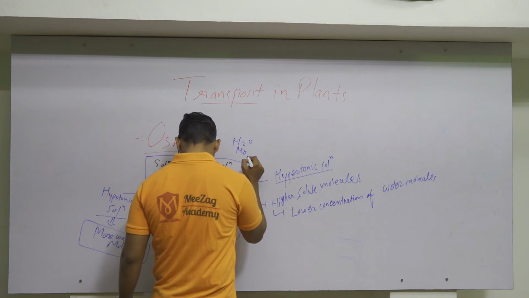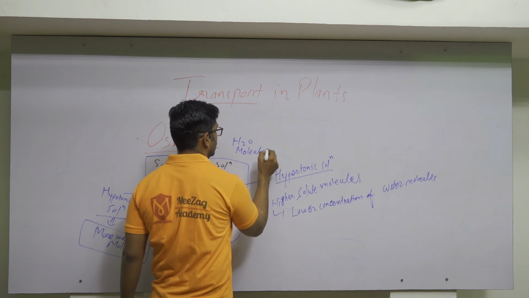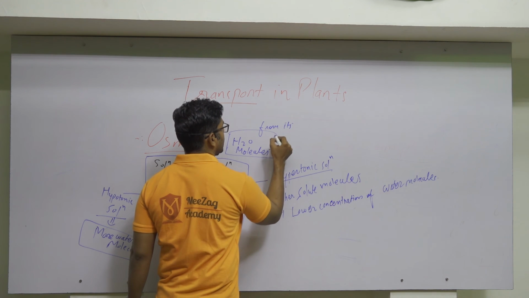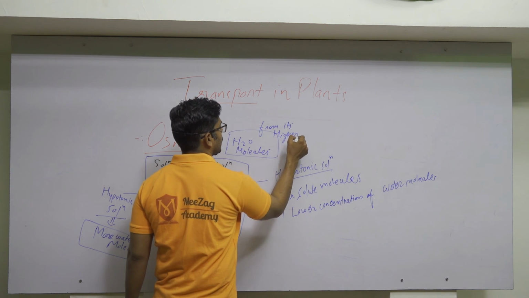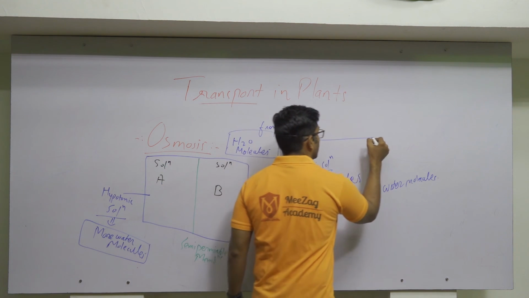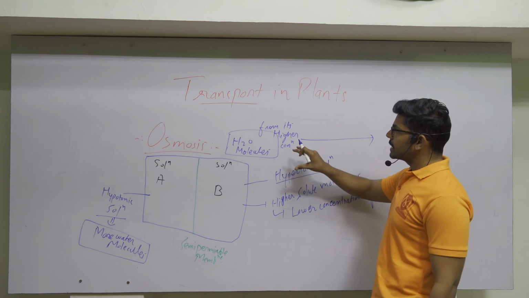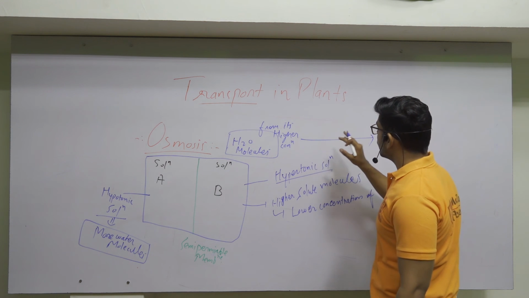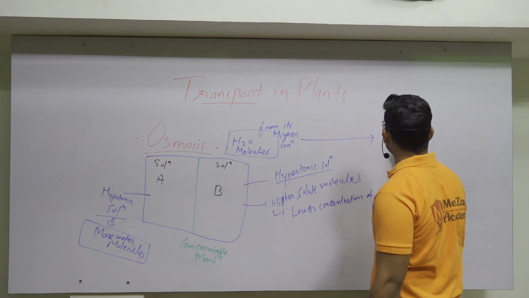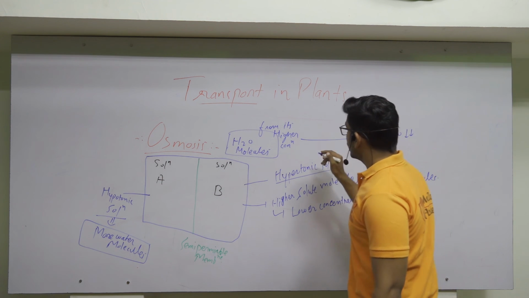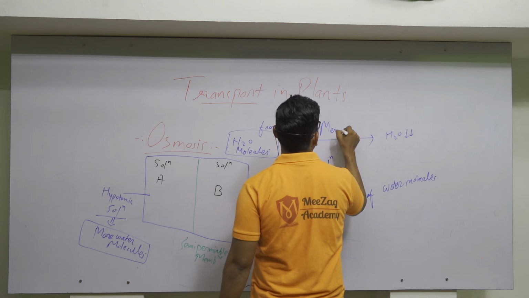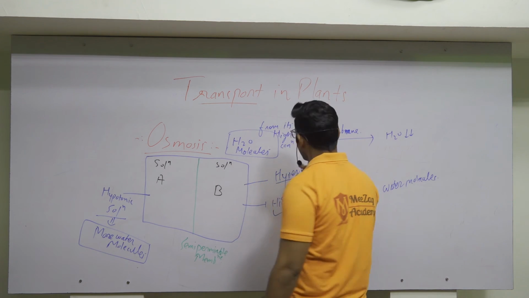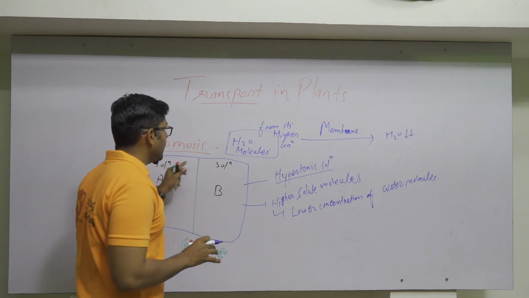Water molecules are transported from their higher concentration to lower concentration of H2O molecules through a membrane. And this is called osmosis.